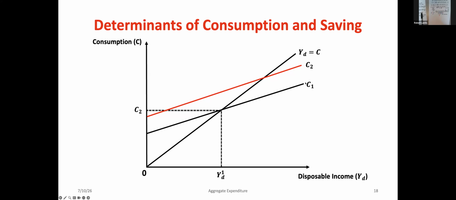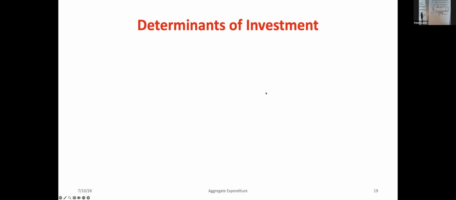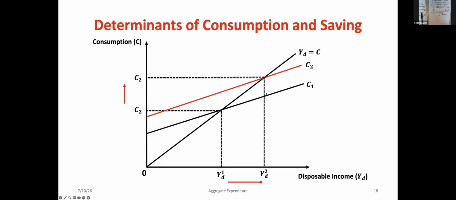So like C1 and C2 would be the actual consumption levels compared to what consumption could be if we were spending everything. So a marginal propensity to consume of 1, essentially. So here, with increases in consumption, that break-even level of GDP in our economy is going to now be higher.